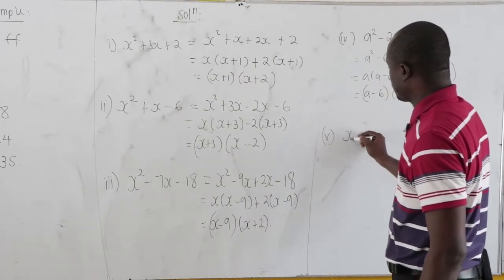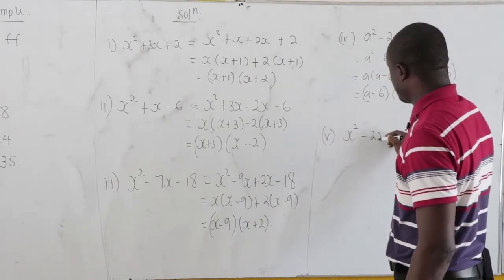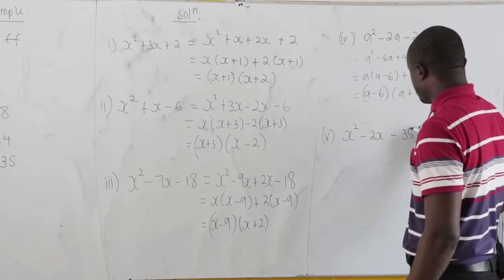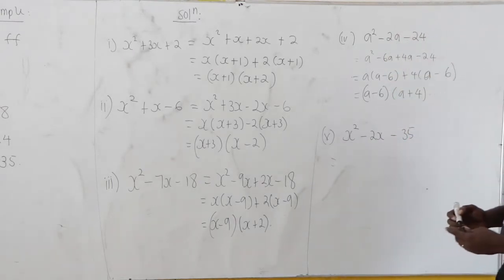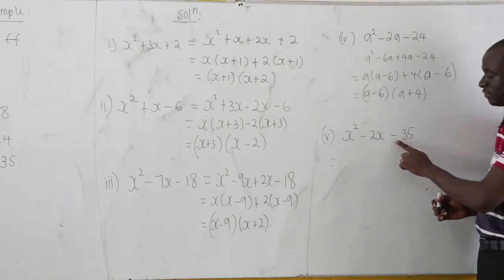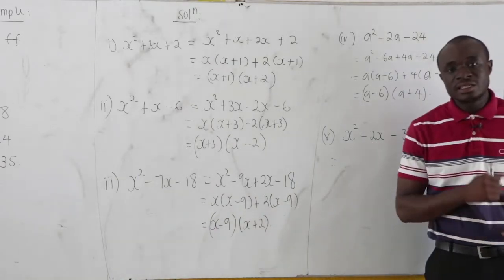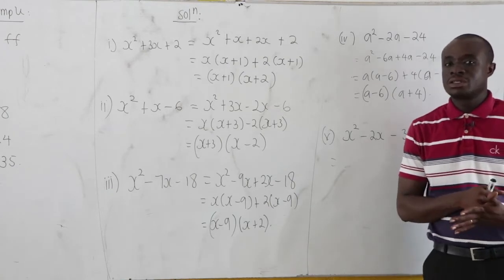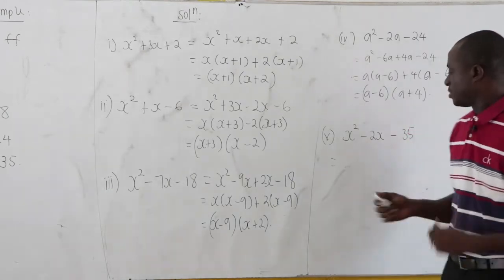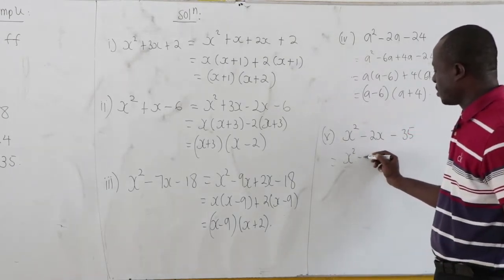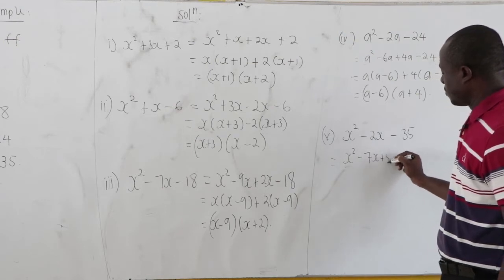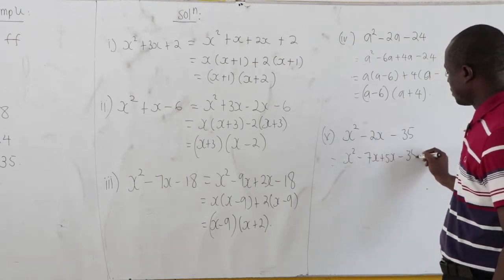We have x squared minus 2x minus 35. Two numbers, when you multiply, we get negative 35. When you add, we get negative 2. And that is negative 7 and positive 5. So we have x squared minus 7x plus 5x minus 35.